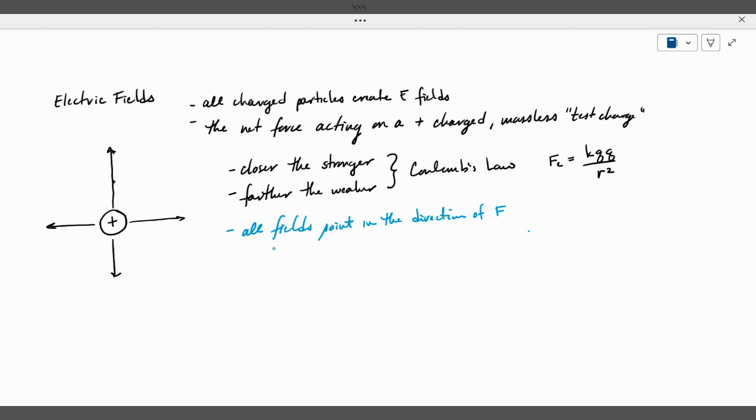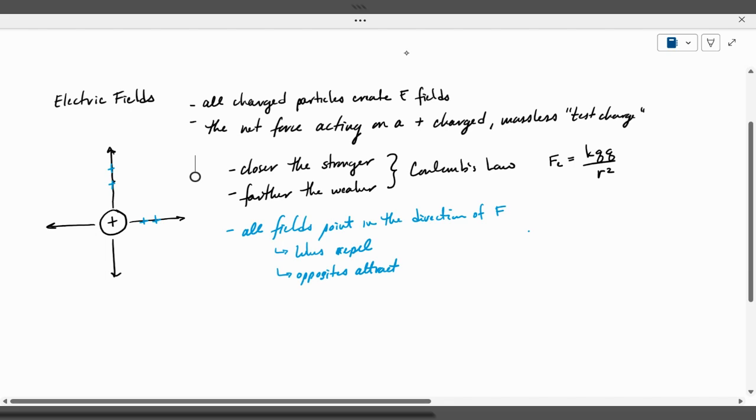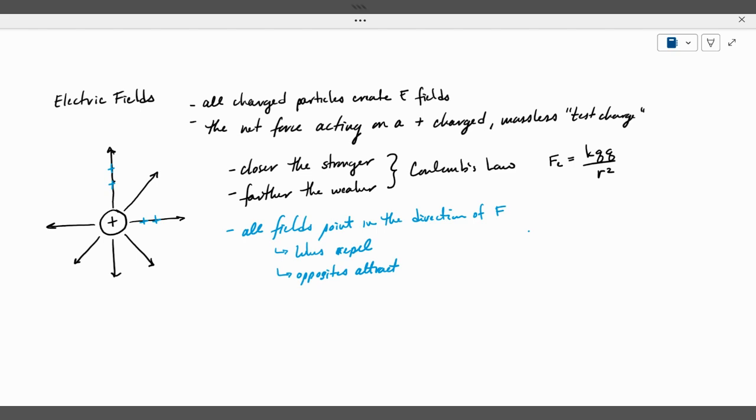And we know that likes repel and opposites attract. So in this case, it's a positive. And since these are all positive test charges, we know that they're going to repel. So we're going to get lines that all go away from it. I can do more and more lines like so.